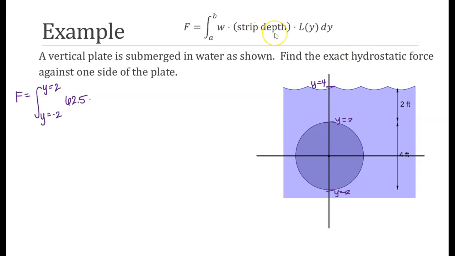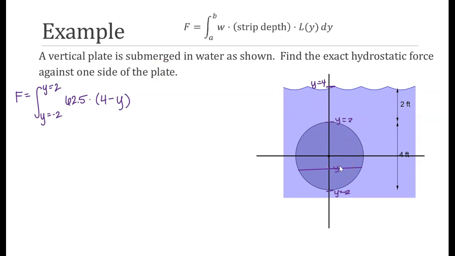So finding the strip depth is really just taking the surface of the water minus some generic y value. So let's pick some y value here and focus on the strip right at that depth of y. So let's say that this is like y equals -1 down here. I kind of missed a little bit, but let's say this is y is -1. So does the equation 4 minus y work?